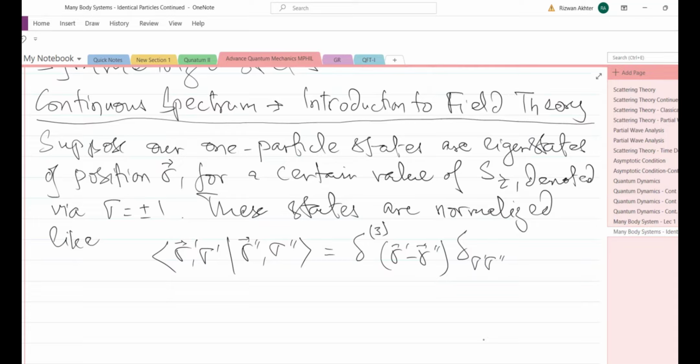That is, the use of this sigma ensures that the symmetry is correct, either for bosons or for fermions.